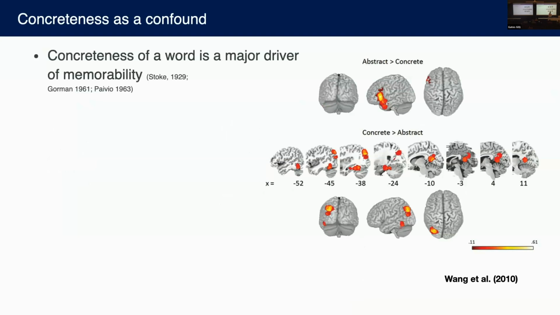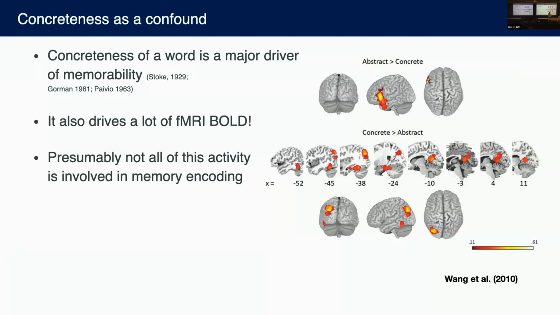First of all, it's a major driver of memorability, so abstract things are harder to recognize than concrete things. And if you just present words to people, this is a meta-analysis from 2010, there are different patterns of activity in response to those words. And so it drives a lot of fMRI BOLD signal.